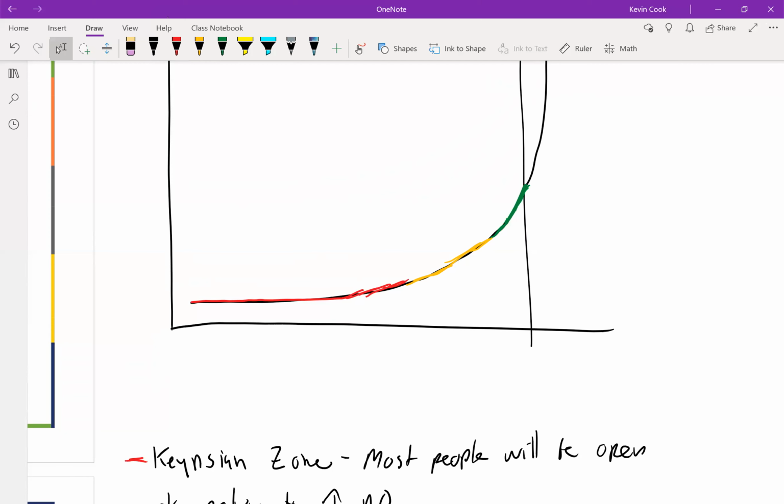So right now, in a matter of a couple weeks, everything kind of shut down, and we went from being like here, say, to somewhere down here extremely quick.